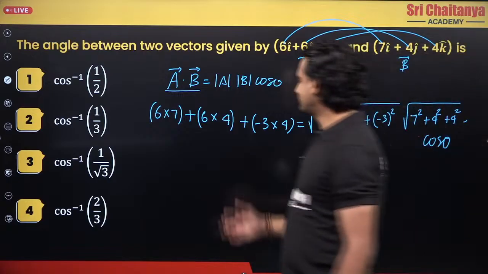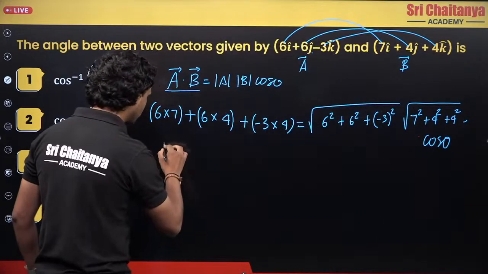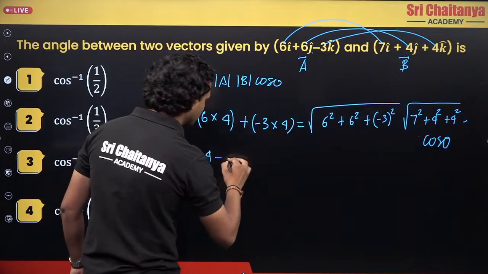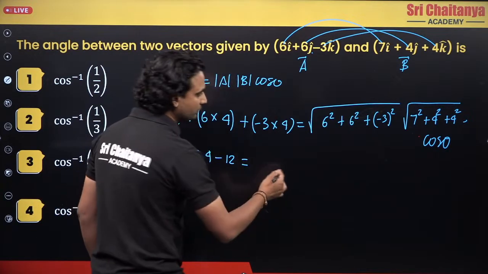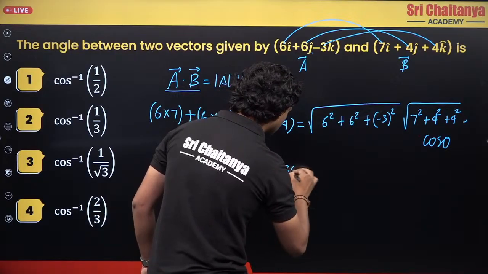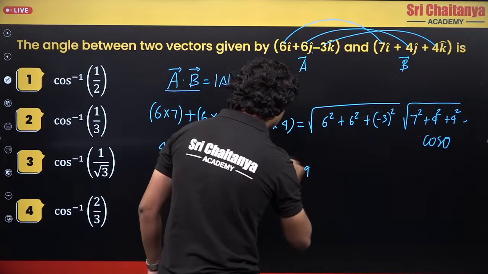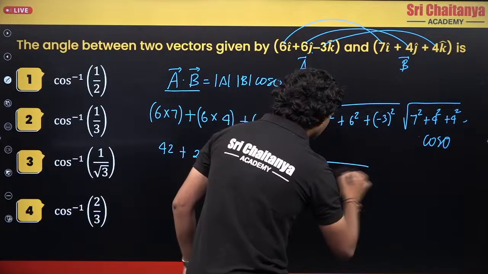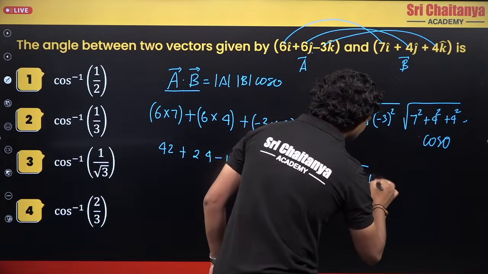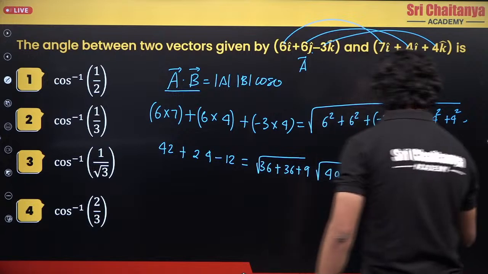Now let's substitute the values. 6 7s are 42 plus 24 plus 12 is equal to under root 36 plus 36 plus 9, into under root 49 plus 16 plus 16, into cos theta.